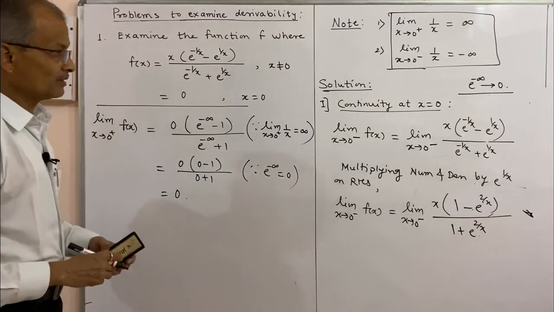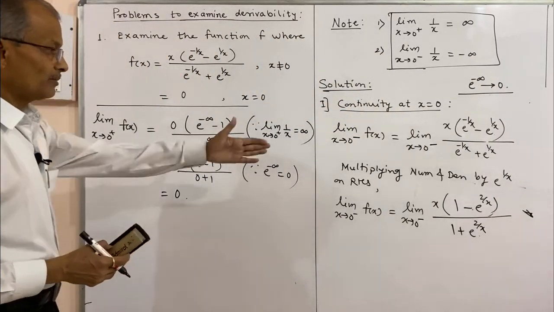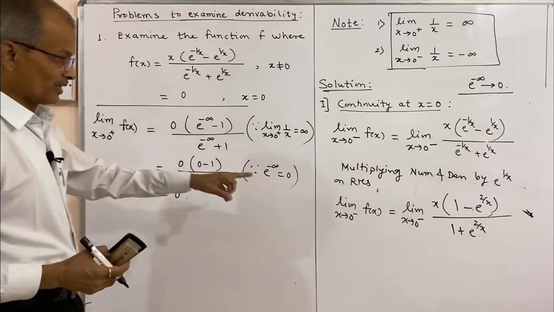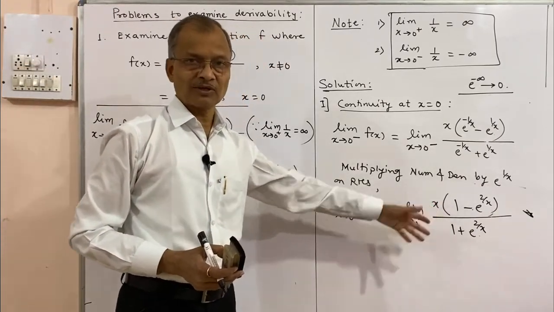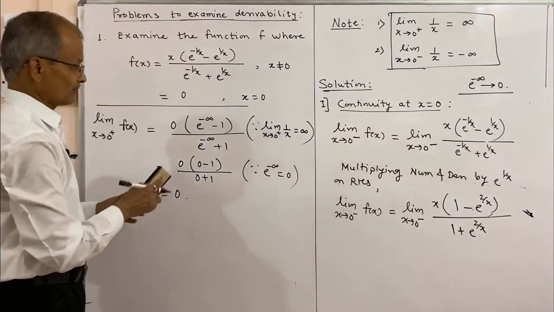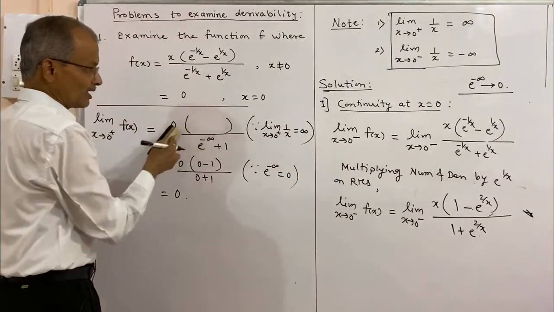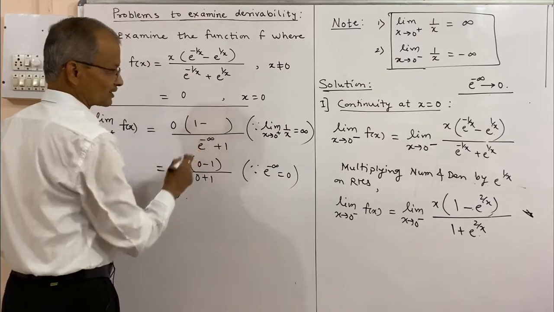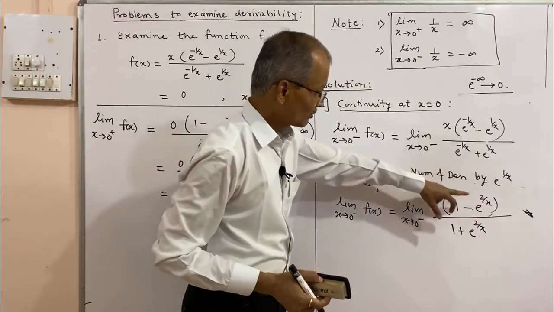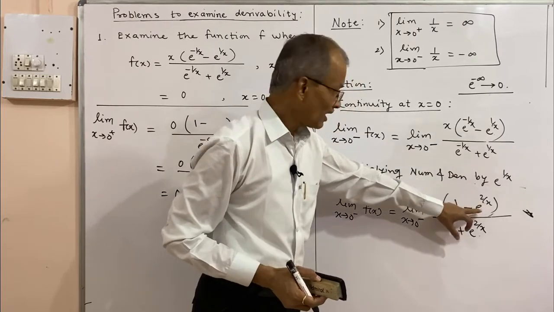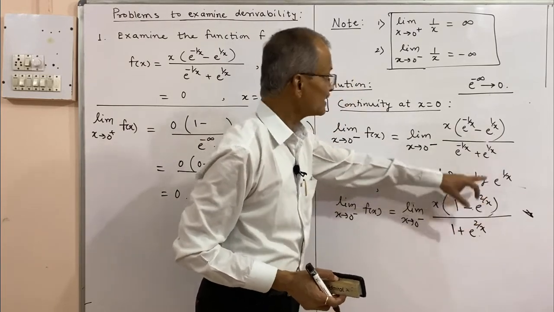And now you see, limit of this, that is 0. Limit x tends to 0 from left or right, that is limit of x will be again 0. It is 1. The first term is fixed, that is 1, constant, minus e raised to 2 into 1 by x. But what is the limit of 1 by x?